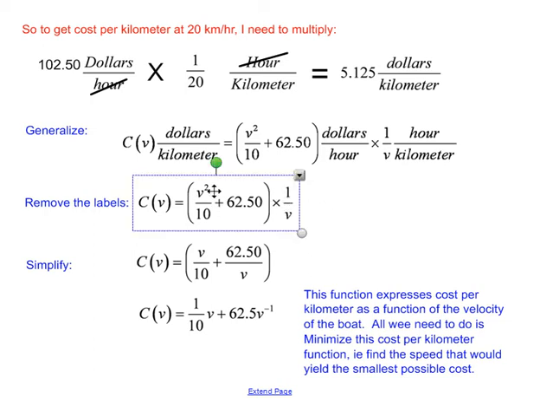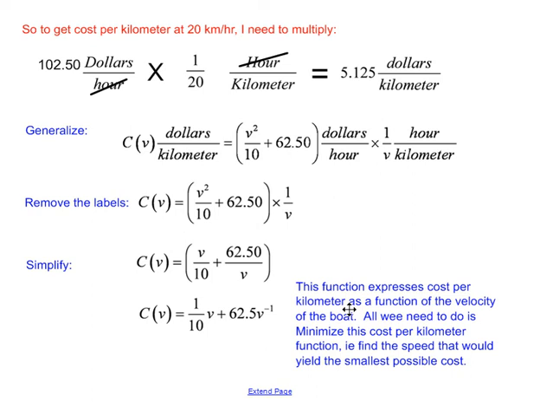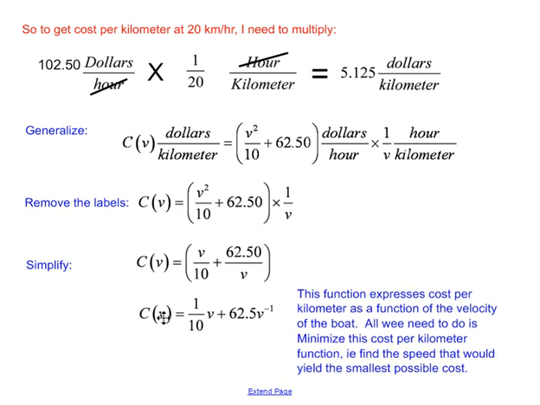If I distribute the 1 over v, I get this more simplified equation. To make calculus easier, I've got 1/10 v plus 62.5 v to the negative 1. This is a function that expresses the cost as a function of velocity in dollars per kilometer.